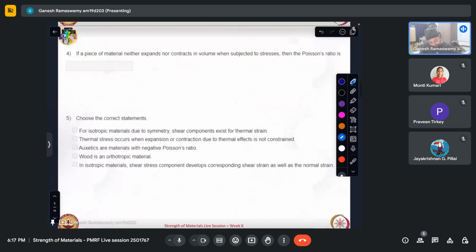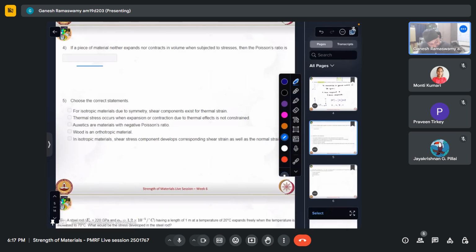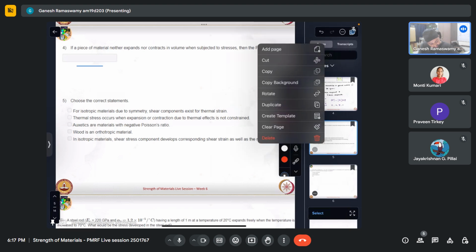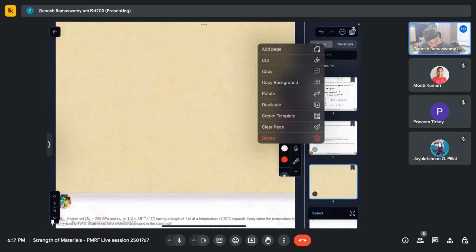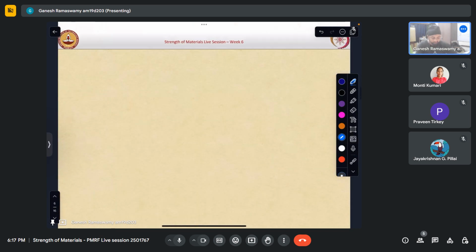So, if a piece of material neither expands nor contracts in volume when subjected to stresses, then what is the Poisson's ratio? Let us delve a little bit here into what this means. The question is asking that there is no volume change.